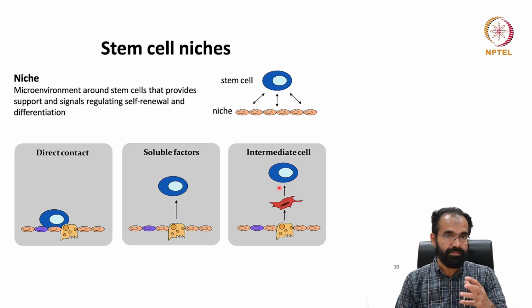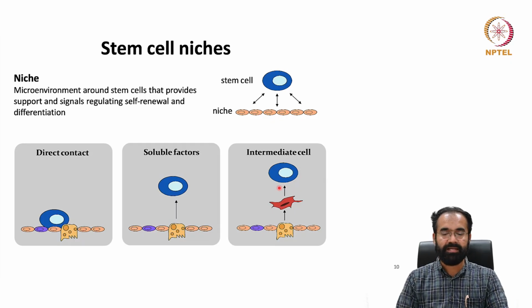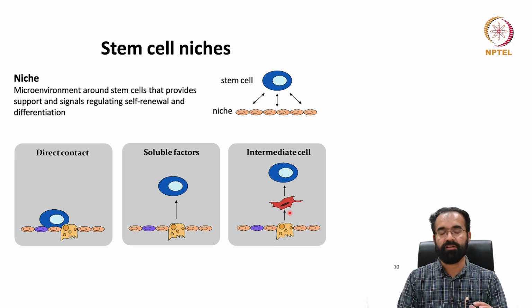The niche cell will guide another cell to influence the stem cell in a particular manner. It is like making a phone call to a person who is sitting far away from you versus sending a person with a message to convey to that person. So that is what you are seeing. In either way, the stem cells are very responsive to the immediate neighborhood, which we refer to as microenvironment or niche.